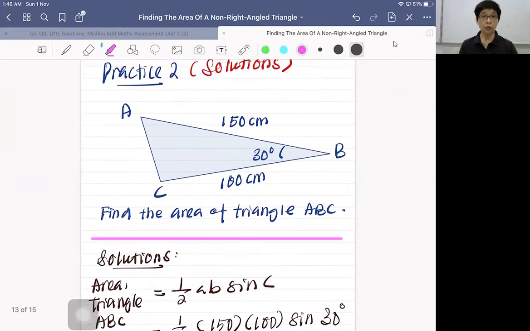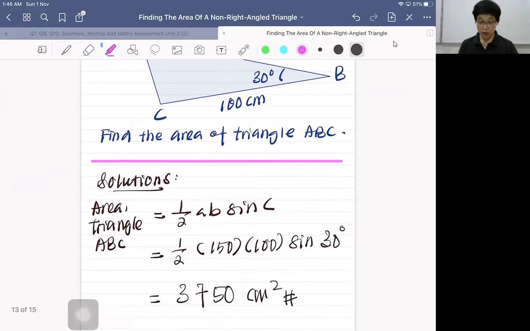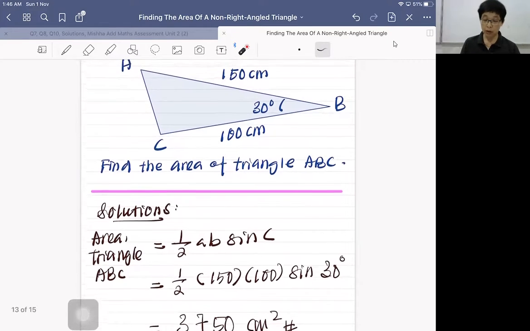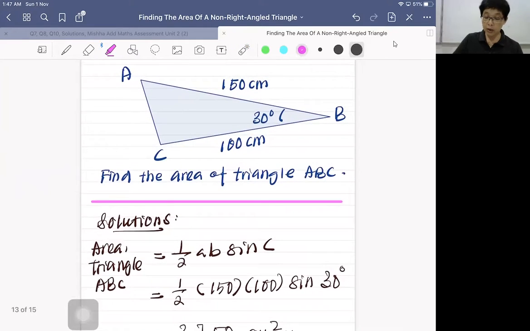Okay, this is the solution. The area of triangle ABC, formula: half AB sine C. What is A and what is B? A and B are the two sides that sandwich the angle. If you look at the triangle given to you, you have the angle 30, and you know the two sides that sandwich the angle.